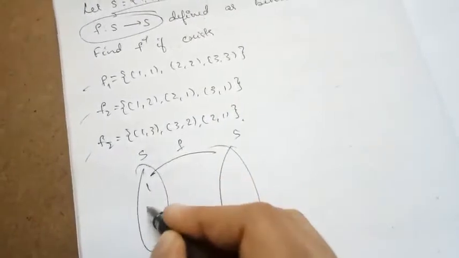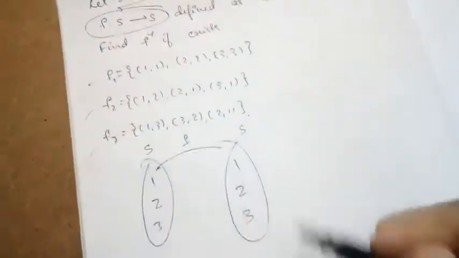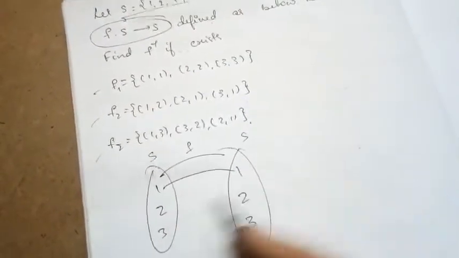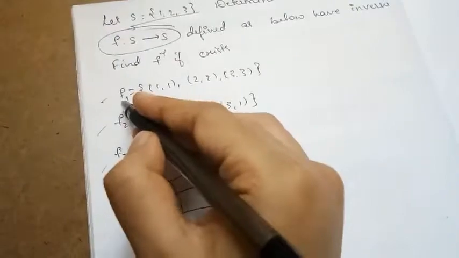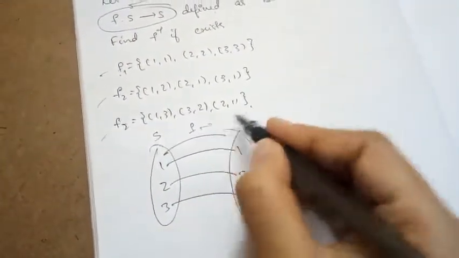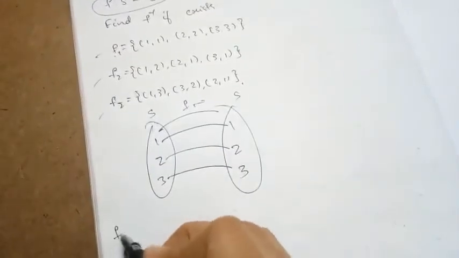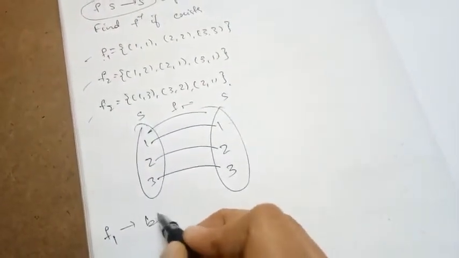So how is the first function defined? Obviously f is defined from set S to set S itself. It consists of 1, 2, 3, and it is also consisting of 1, 2, 3. It is defined in ordered pairs, meaning 1 has image 1, 2 has image 2, 3 has image 3. So clearly our first function is both 1-1 and onto. So f1 is a bijective function.